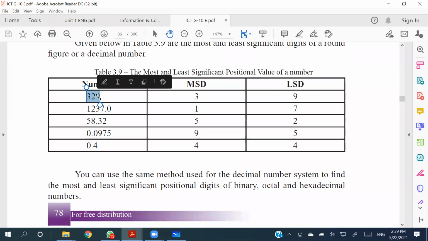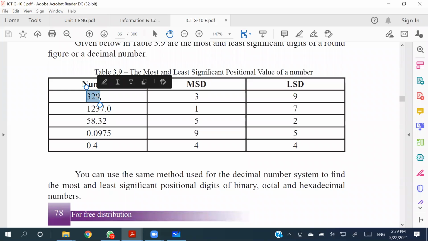So in an integer, the most significant digit is the digit you find at the leftmost place, which is not going to be a 0.